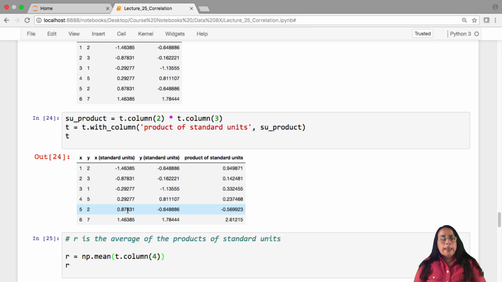If the variables are positively associated, then above average values of one tend to go with above average values of the other. Positive standard units of one tend to go with positive standard units of the other. When you multiply, you get a positive result. But also, negative standard units of one tend to go with negative standard units of the other. When one is below average, so does the other one tend to be also. So negative standard units for x and y tend to go together, and when you multiply, you also get plus.